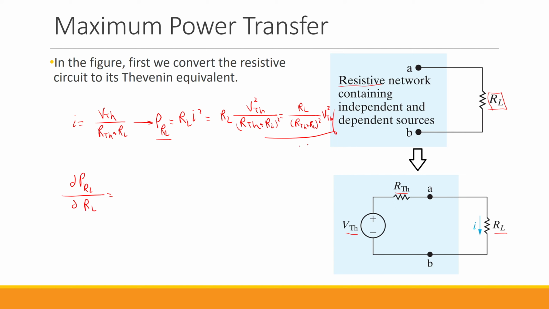So for this derivative, VTH is a constant value, so it stays the same as it was before. But for this part, we need to calculate the derivative because we have both RL in the numerator and the denominator.